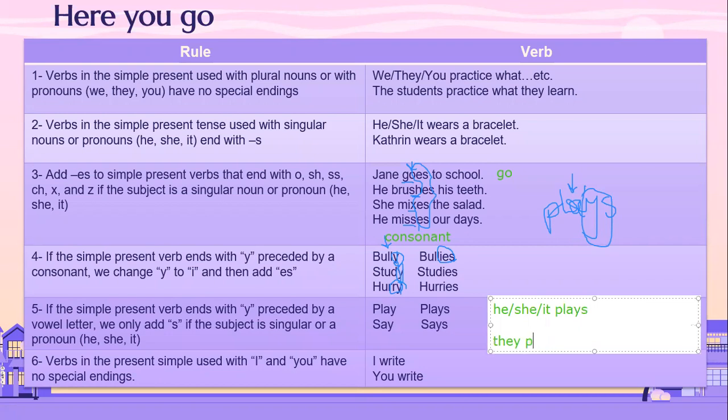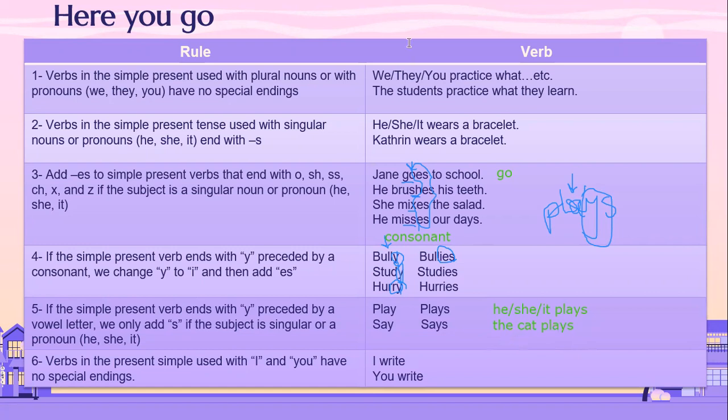So they play, but he, she, it, or the cat plays. So either it or the cat is a singular noun or a singular pronoun, and in plays, the letter Y is preceded with the vowel letter. That's why we're just adding S.